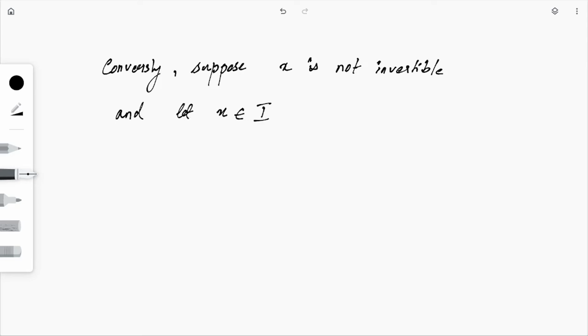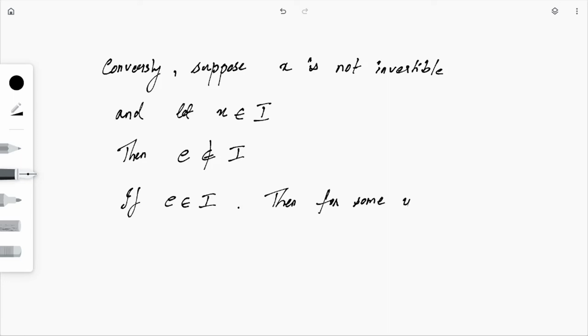Then E does not belong to I. Why is that? Because if E belongs to I, then for some y belonging to script A, xy will belong to the ideal.